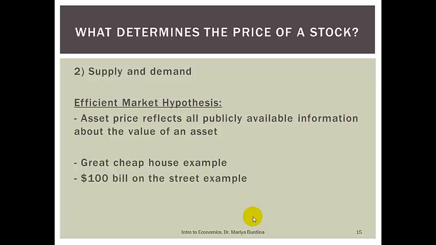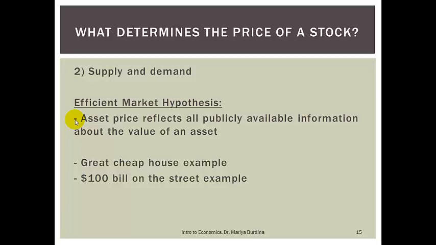Another example that you saw from the book was a $100 bill lying on the street, right? Two economists are walking by and they say to each other, well, if it was a real $100 bill, somebody would have picked it up already. That's how economists think. And that's how, once again, we go back to this efficient market hypothesis. It's almost impossible for that $100 bill to lie on the side of the street because somebody would have picked it up.